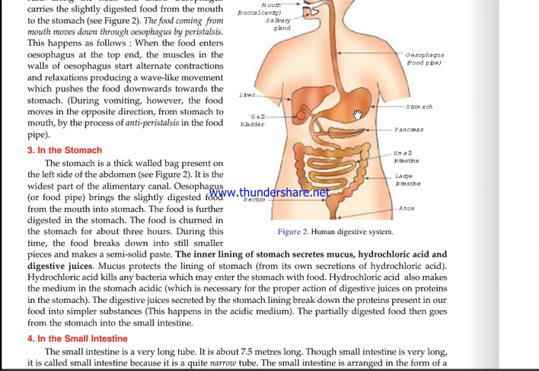That's why the digestion takes place properly.